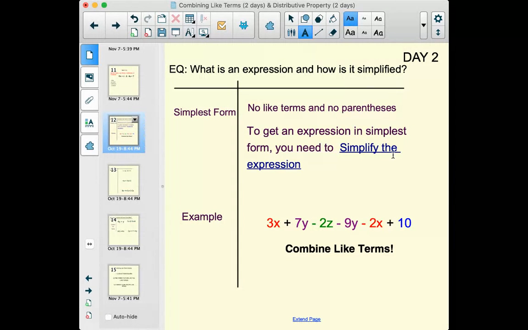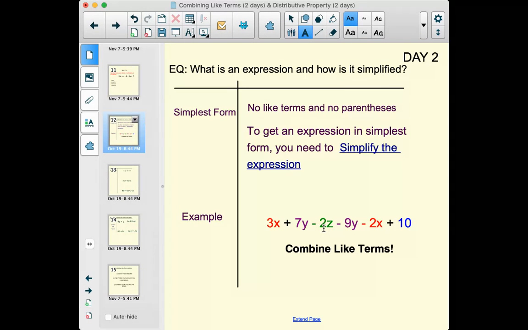All right, so to simplify the expression, one thing we'll be doing is combining like terms. So if I look at this expression, I color-coded them a little bit to show you where our like terms are. Okay, so 3x and negative 2x are like terms because they both have the same variable. 7y and 9y are like terms.